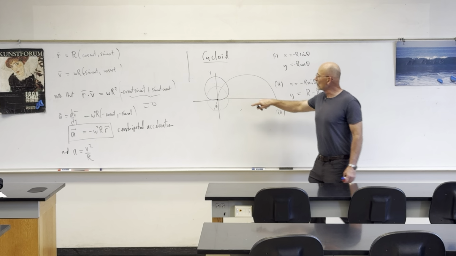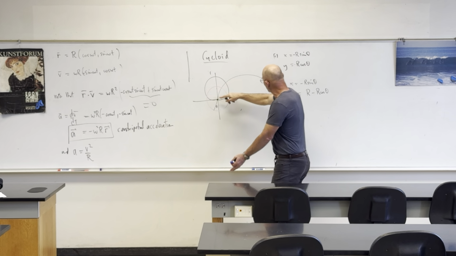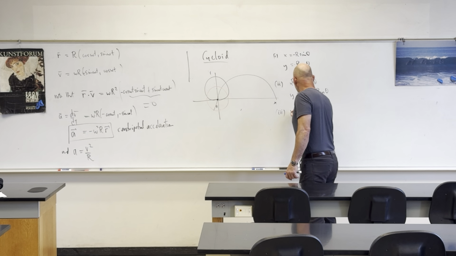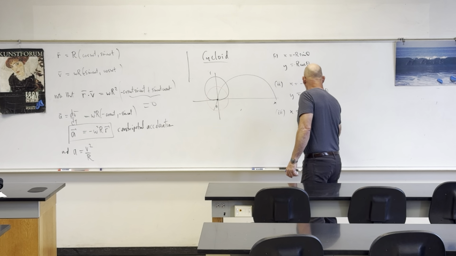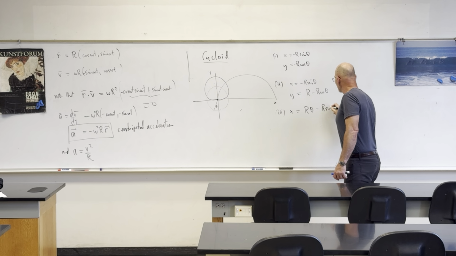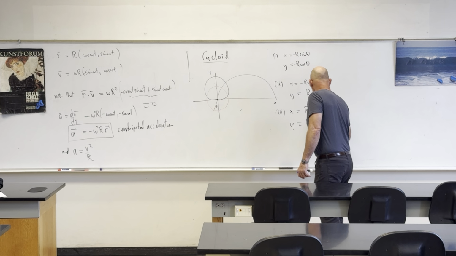So now I'm gonna roll it forward, and rolling it forward is just gonna, in one complete revolution, take it to 2 pi r. So rolling it forward, I'm gonna get x equals r theta minus r sine theta, and y is gonna be r minus r cos theta.